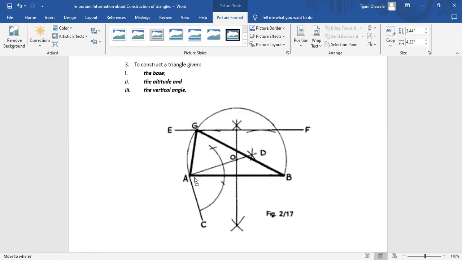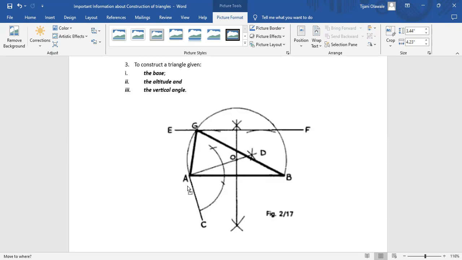Now, the next thing that I need you to pay attention to. After you have drawn line AB and line AC at an angle to line AB, equal to the vertical angle, you have to draw line AD. This line AD is at a right angle to line AC.